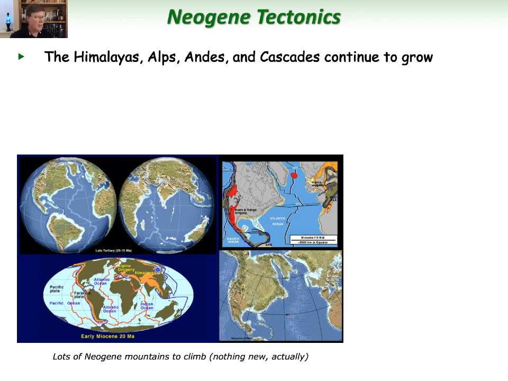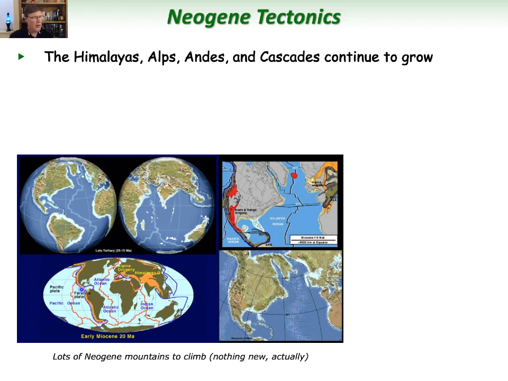So whether it's continent-continent collisions in Eurasia, the Alps, the Himalaya, or ocean-continent convergence with the Nazca Plate and the South American Plate forming the Andes, or even the Farallon Plate in North America forming the Cascades, it's a continuation of what we've been seeing. In fact, farther northwest, we'd see more accreting terranes along that boundary up into Alaska.